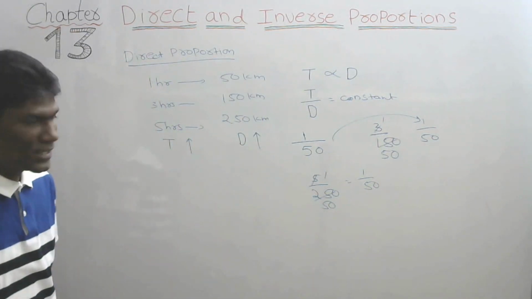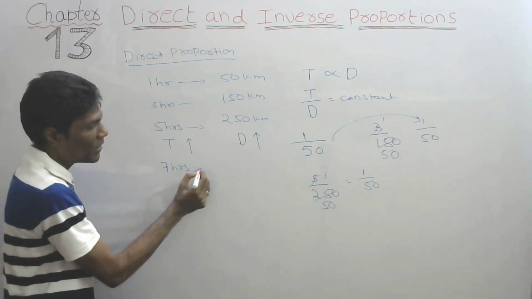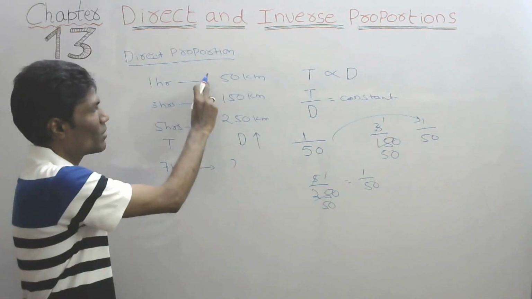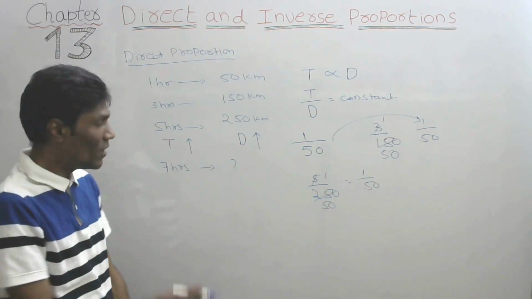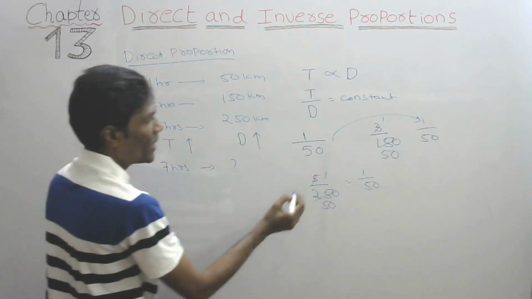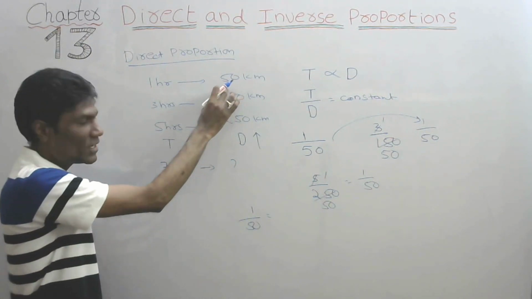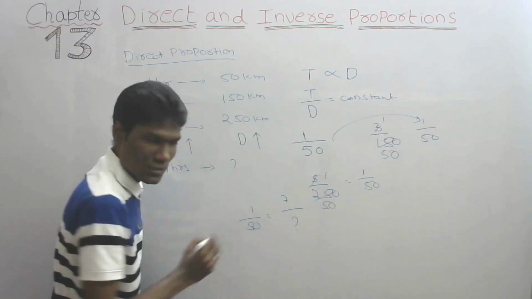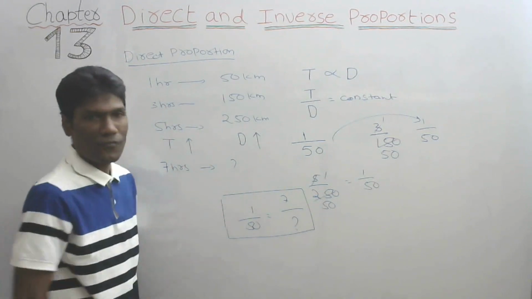Now, by using this, can we find for 7 hours how much it will be? The questions we will get like this. Some numbers will be given and they will say they are directly proportional. Find the other quantity. So simply what we will do is, here this is 1 by 50. This is constant. So this 7 by how much? By using this relationship, we can find.